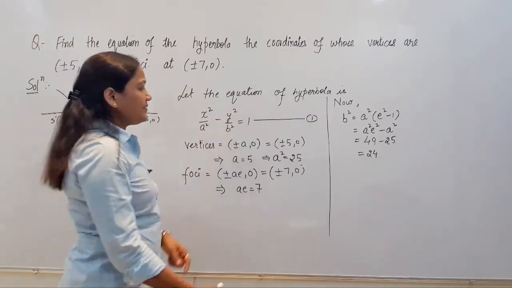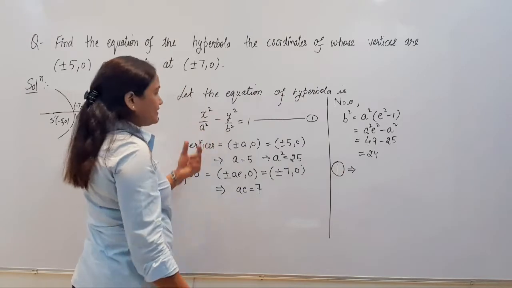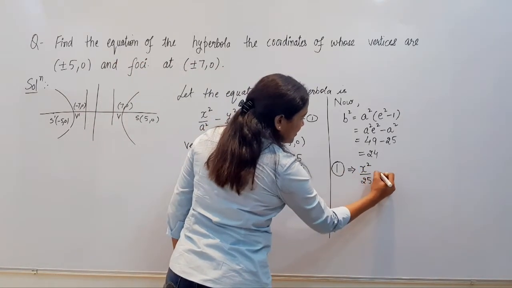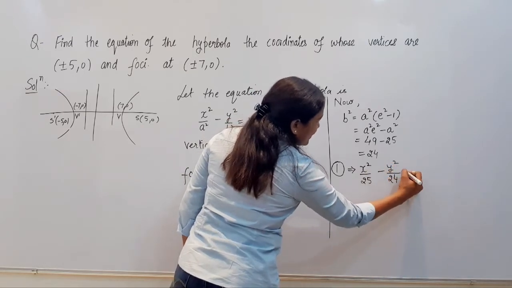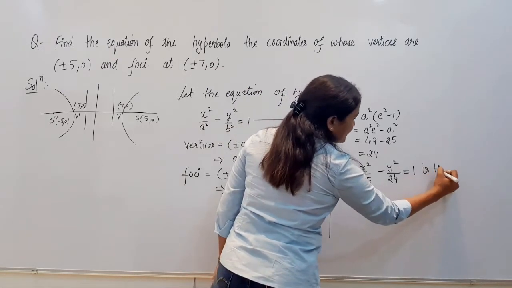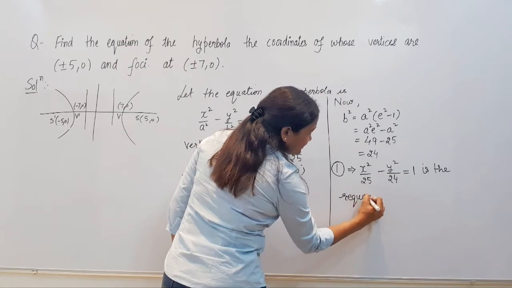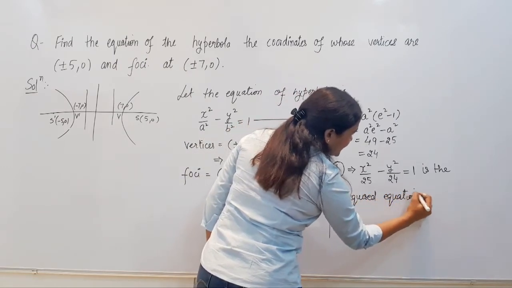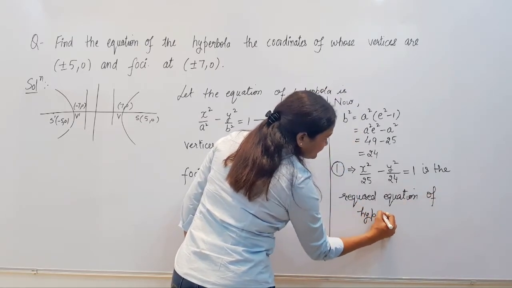Now your equation 1 implies that x square upon 25 minus y square upon 24 is equal to 1 is the required equation of hyperbola.